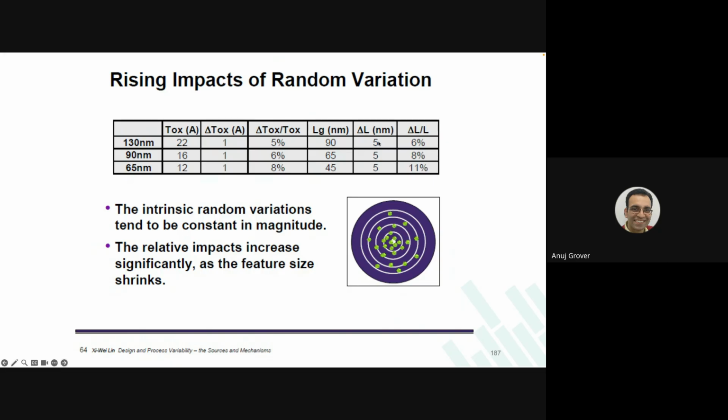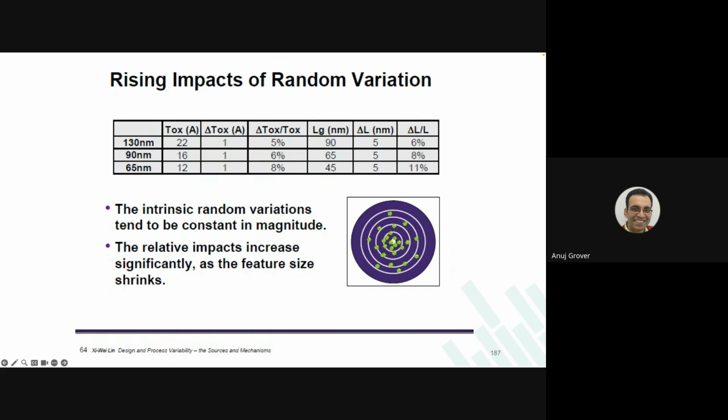Let us say line edge roughness always caused 5 nanometer of variation. So what are we talking about? We're talking about a situation where, as we move to an advanced technology, the impact of line edge roughness has gotten amplified.